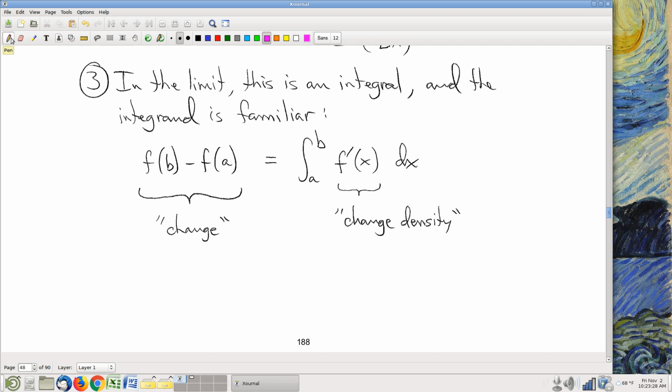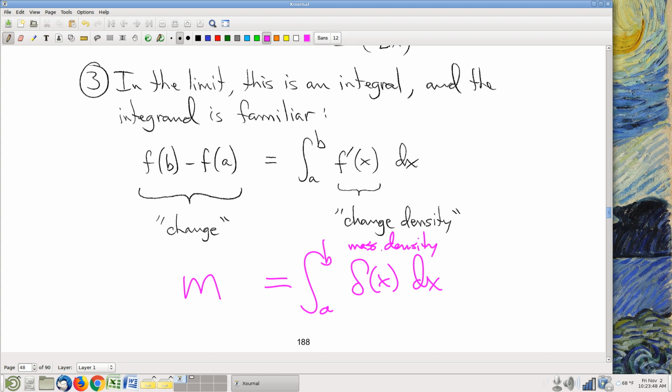Okay. All right. So here's a related thing that we've talked about. Mass is the integral from a to b of density dx, right? And so this is what we call mass density, because it's the integrand in the resulting integral that we get in a computation of mass.